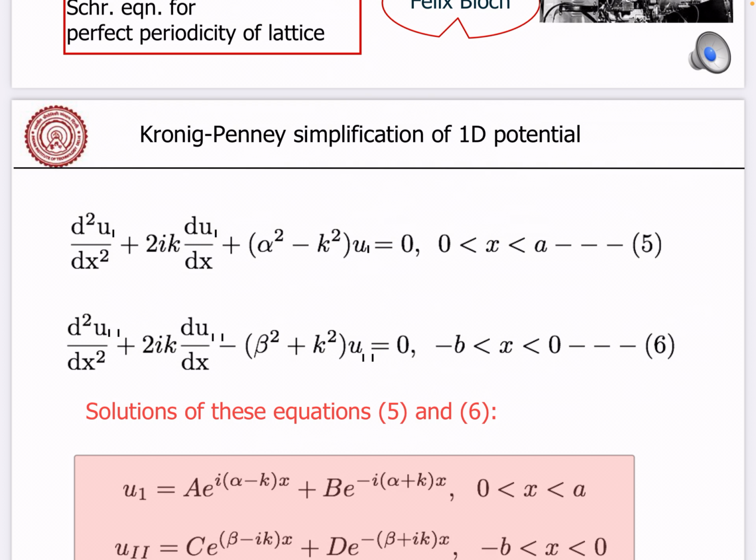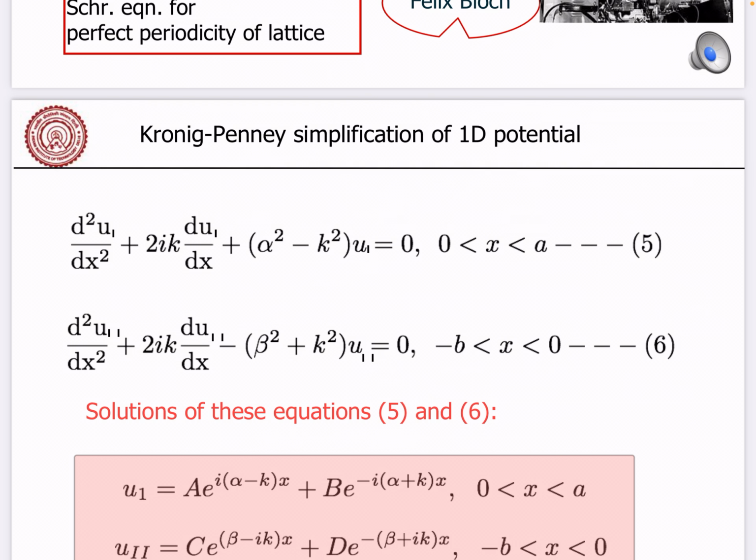These equations are d2 u1 dx square plus twice ik du1 dx plus alpha square minus k square into u1 equal to 0. Similarly, you have the equation for the region minus b to 0, where the potential is finite, which is V0 within the region minus b to 0.